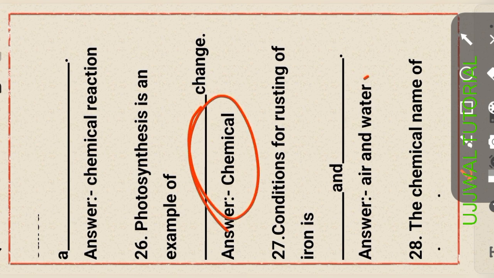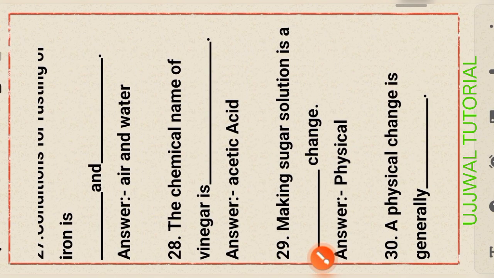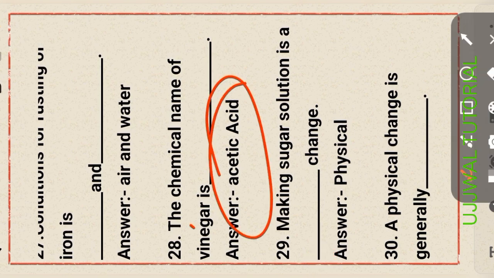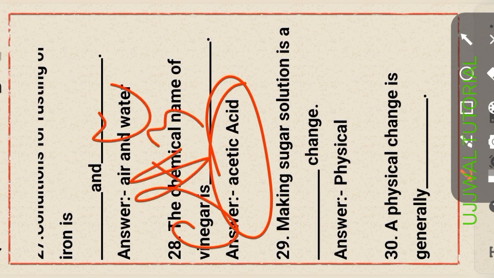Conditions for rusting of iron are air and water. Next question. The chemical name of vinegar is acetic acid, with the formula CH3COOH.